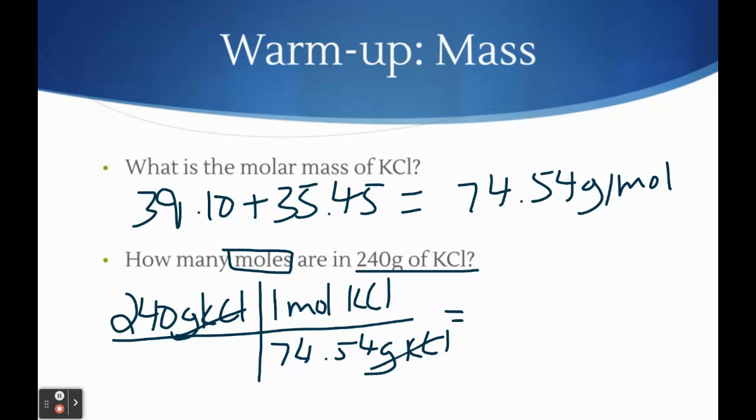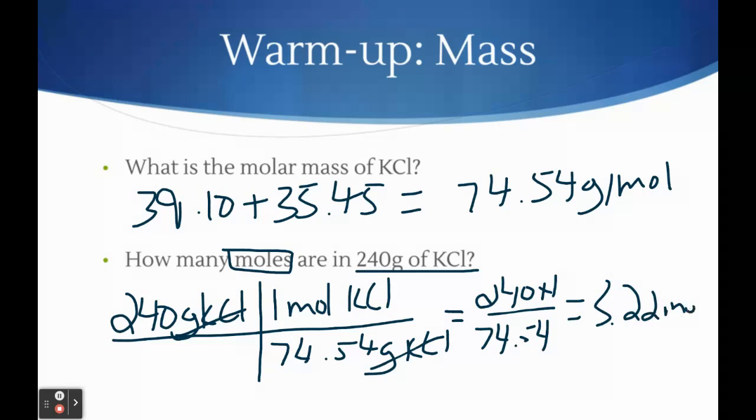Okay? So you're going to do 240 times 1 divided by 74.54. And you should get 3.22 moles of KCl.